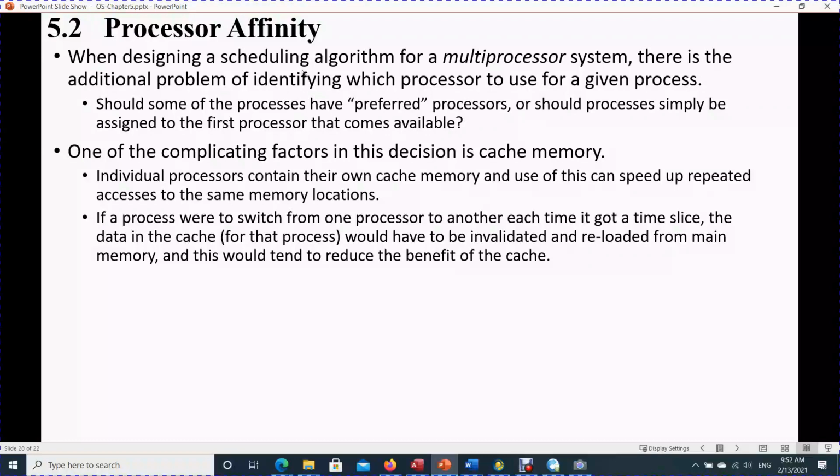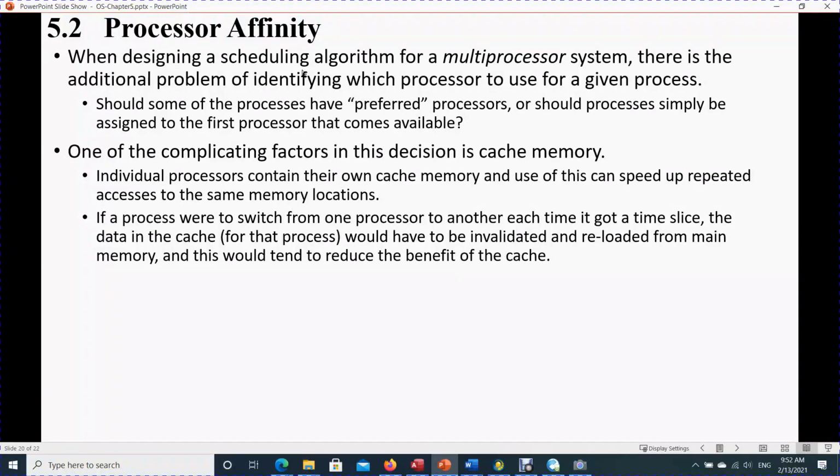If a process switches from processor to processor each time it gets to execute, then the data for that process has to be copied, reloaded from main memory into the cache for the processor selected.